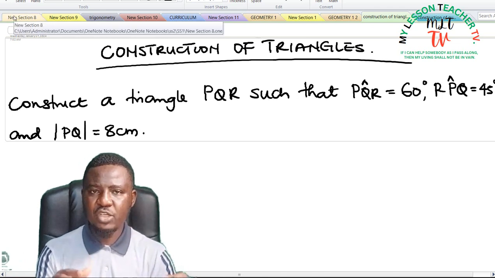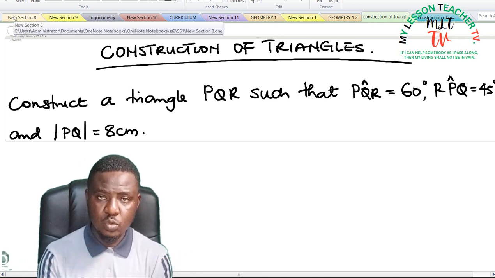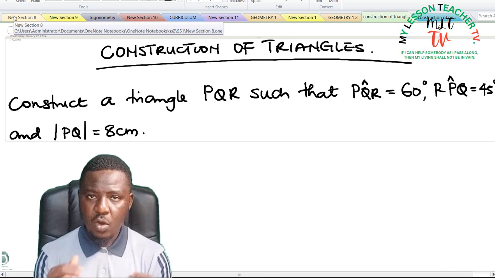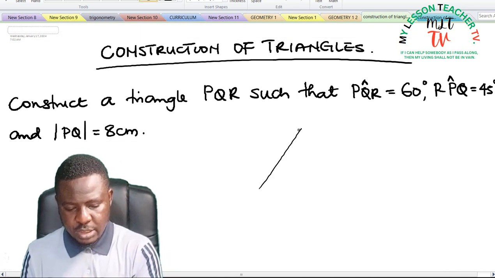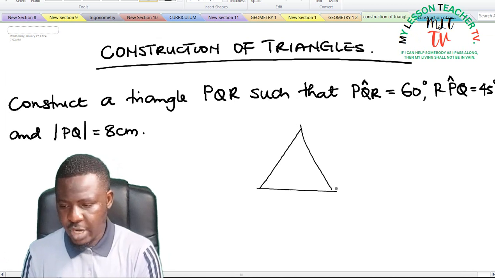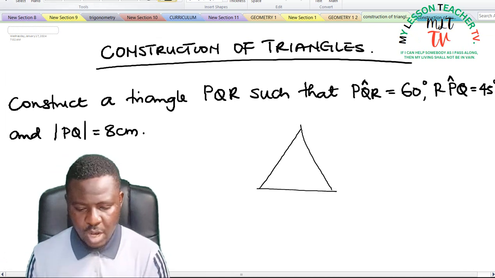So we shall have a sketch of what the question wants us to do and thereafter construct what we have sketched. So this is the required triangle PQR.